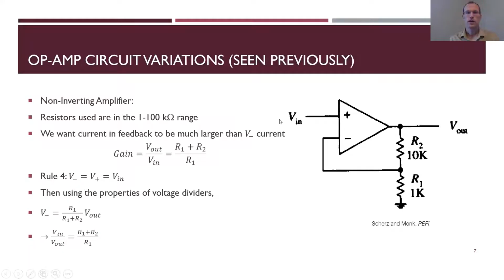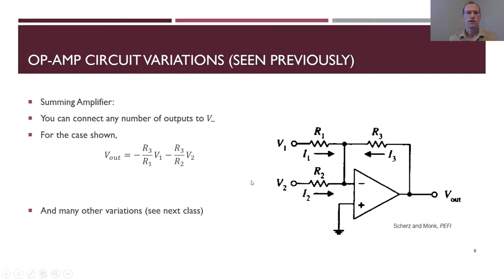Non-inverting amplifier, so actually not being inverted. There's a circuit for that. Again, the gain for this op amp is given by this equation, which you can derive from last class. And then the summing amplifier, where we have more than one input. This one only has 2, but you can have a lot of them, as you may have seen in homework.